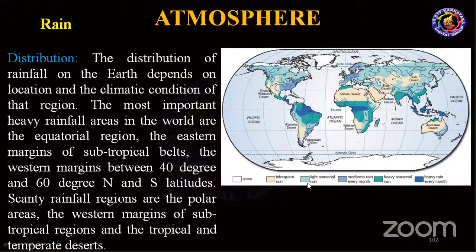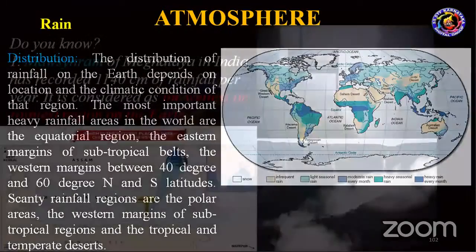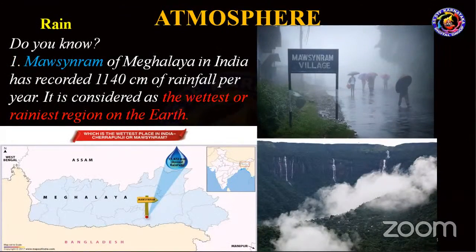The ash color area, and the dark blue color areas, these receive heavy rainfall, which are located in the equatorial region. And these are the few points which help us to know about rainfall.